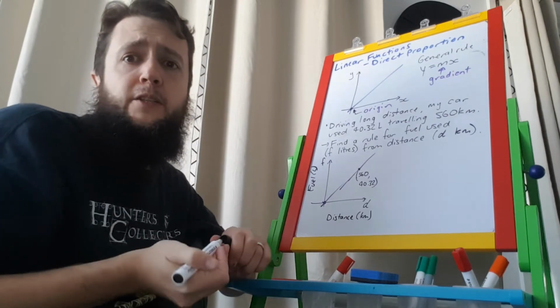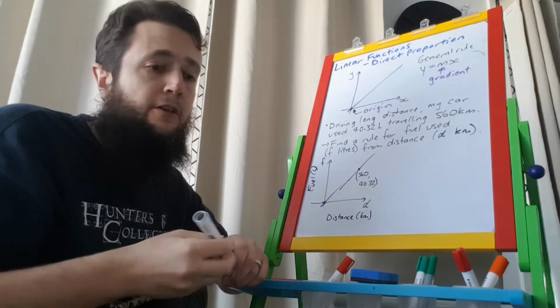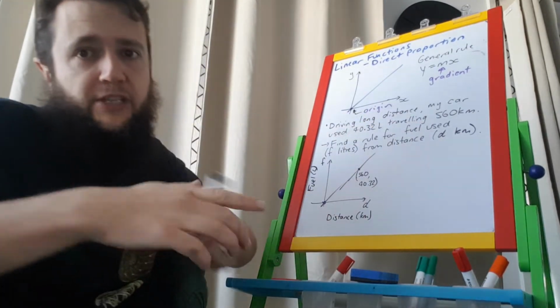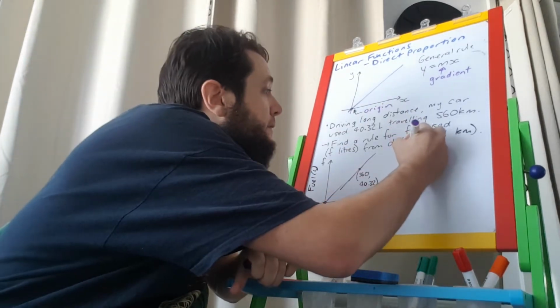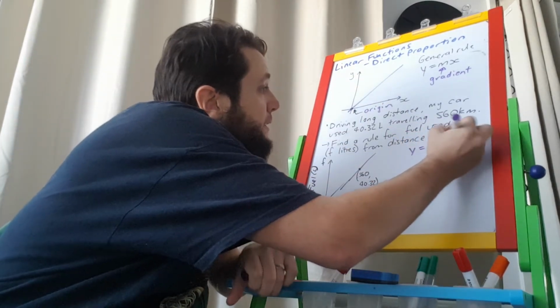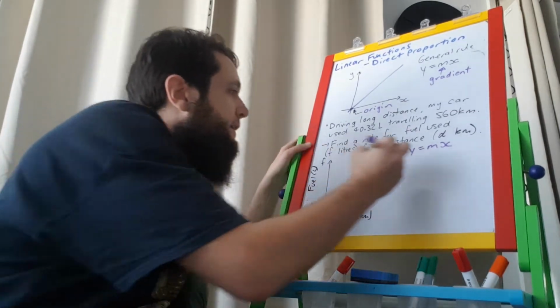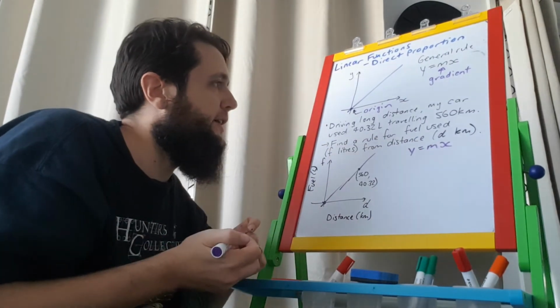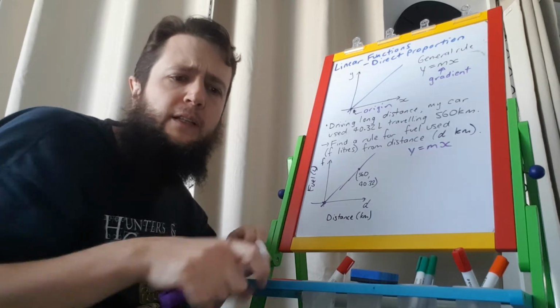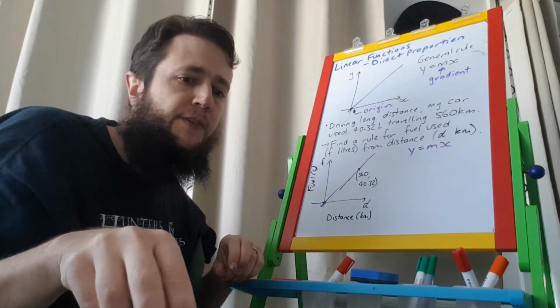Right? Now to create a model here, remember our general rule, y equals mx. Well, in this case, instead of y, we've got f representing, actually I probably shouldn't call it f. F means function later on in mathematical methods.